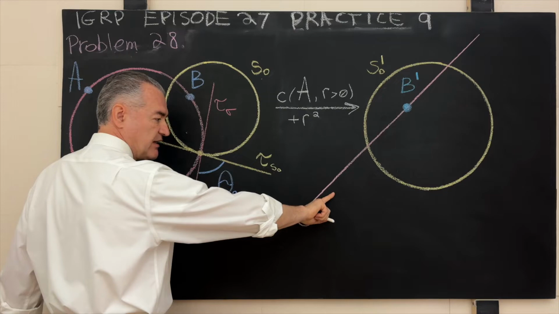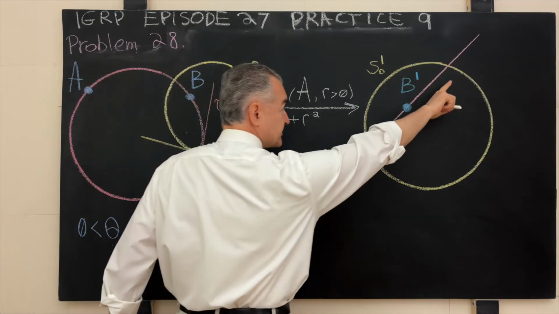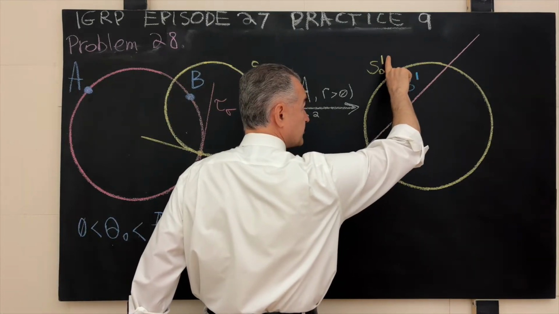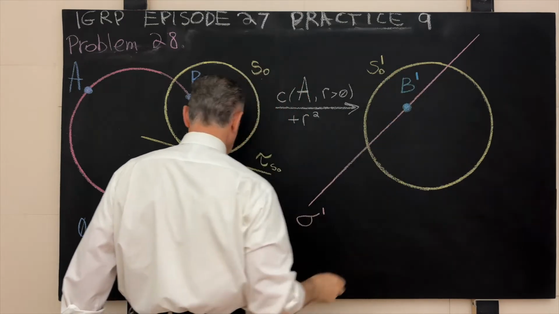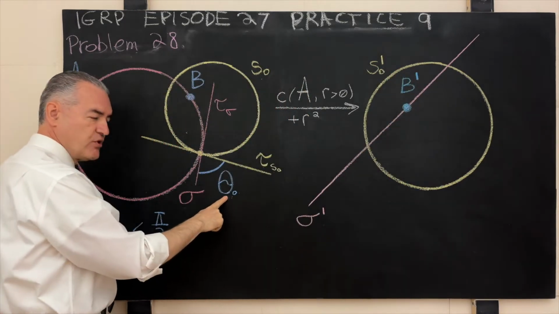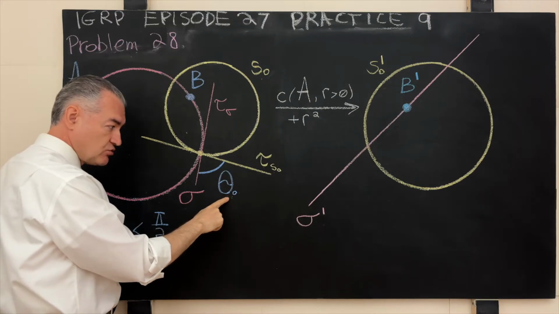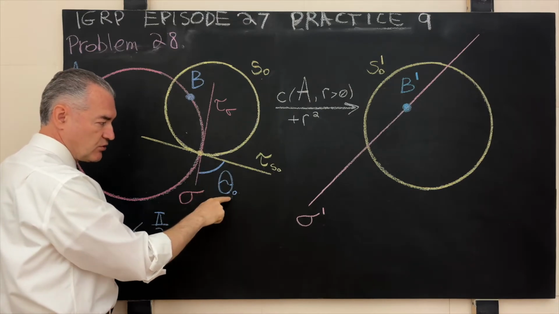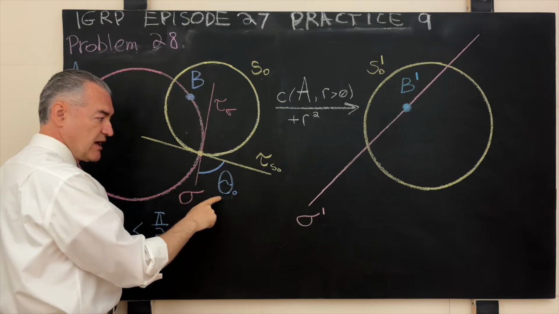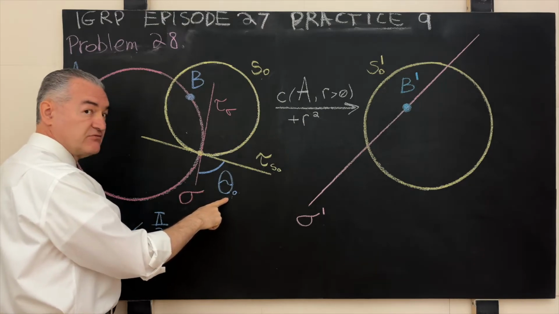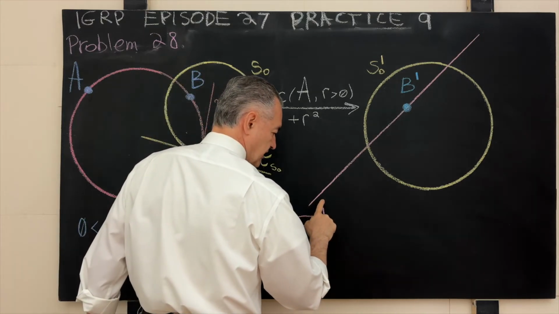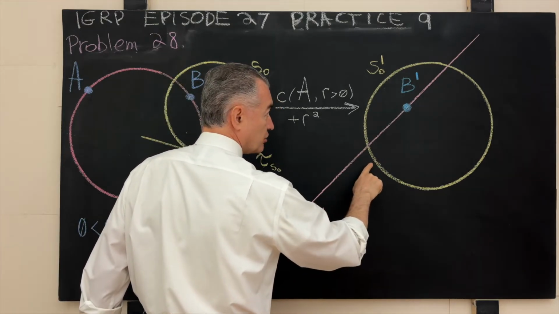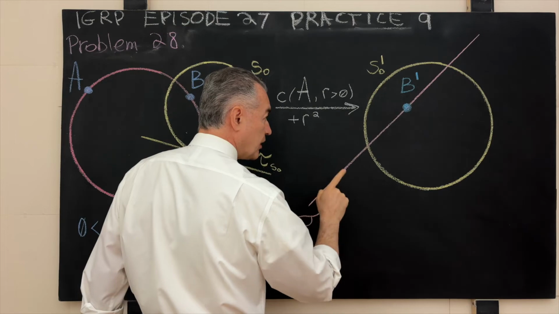Our straight line sigma prime will intersect the circle S prime 0 at an angle whose magnitude is equal precisely to theta 0. The direction of this angle, if we were to keep track of directions, will be flipped to the opposite, but the magnitude, the absolute value of that angle under which the straight line sigma prime and the circle S prime 0 intersect will be the same.